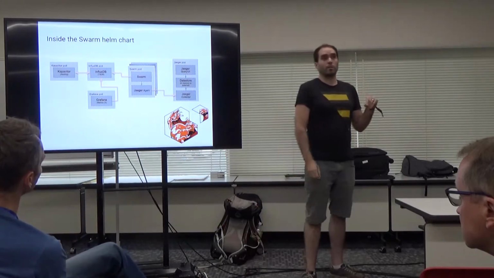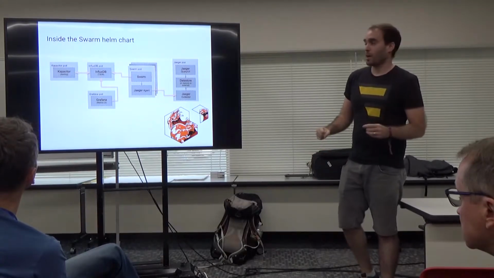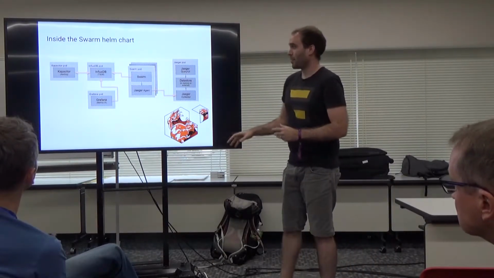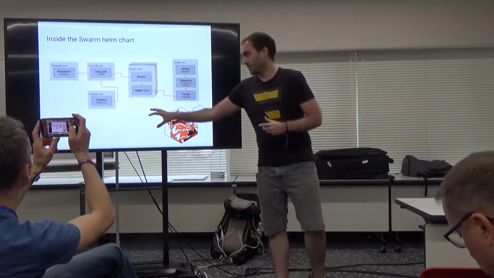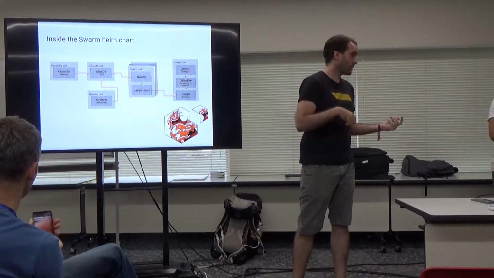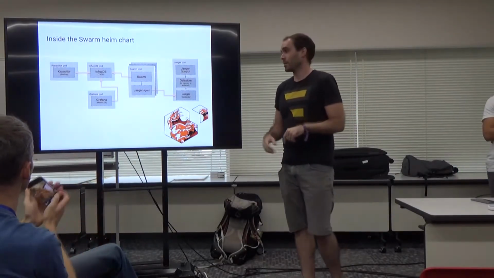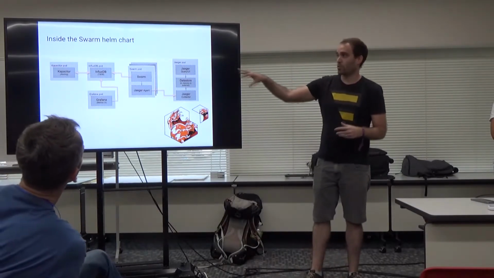And actually, also now, since we have swap and incentives, it's not here, but there's another component that we've added for testing purposes, which is Ganache. So we use Ganache to simulate the blockchain and connect our Swarm nodes to it.